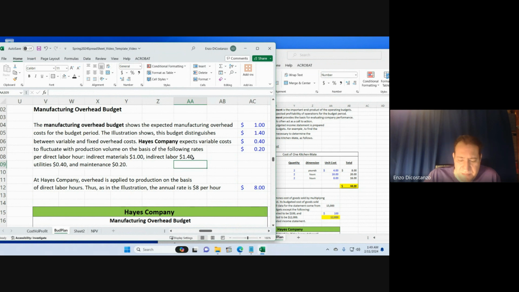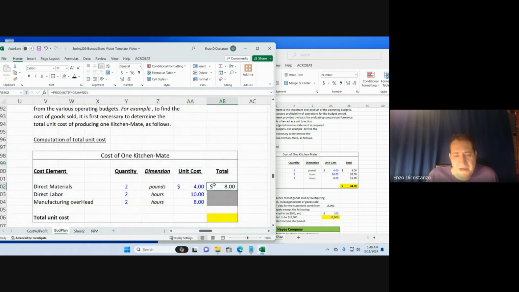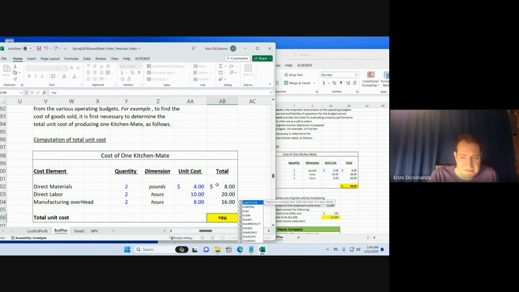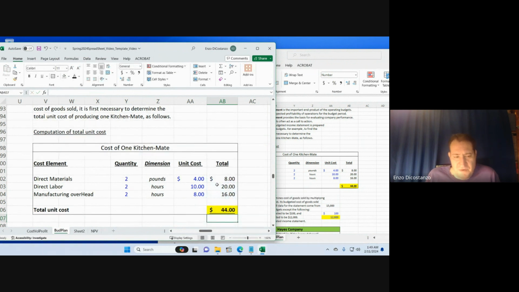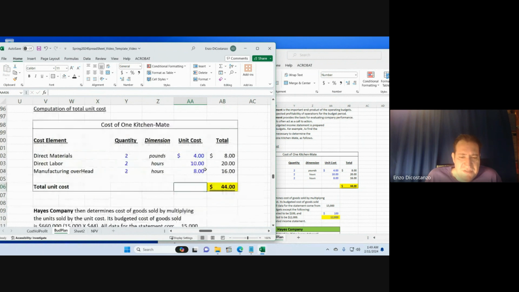It doesn't say, but okay, you have to assume that. Just make that assumption. So, all right, copy formula. And this is the sum, the $44 per unit cost. Labor, materials, overhead. Okay, and again, there's questions in the back where you have to do that.